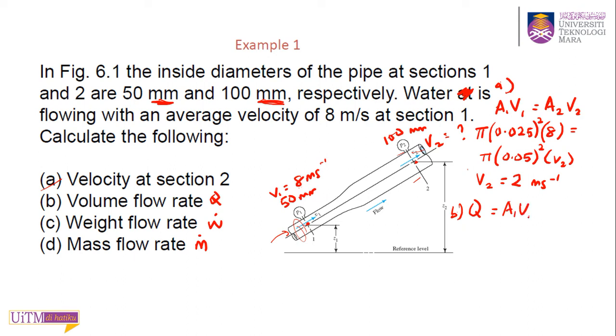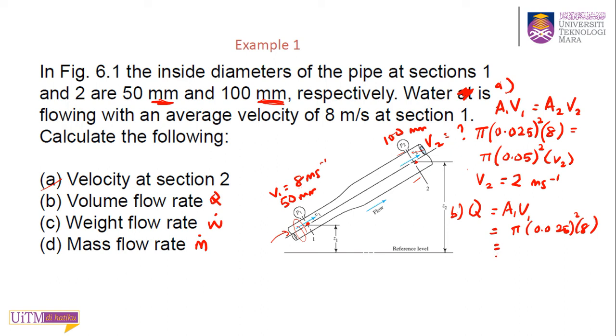So you just use A1 V1 or A2 V2, just as simple as that. Let's say at 1, pi times 0.025 squared times 8, and this should give you the answer.